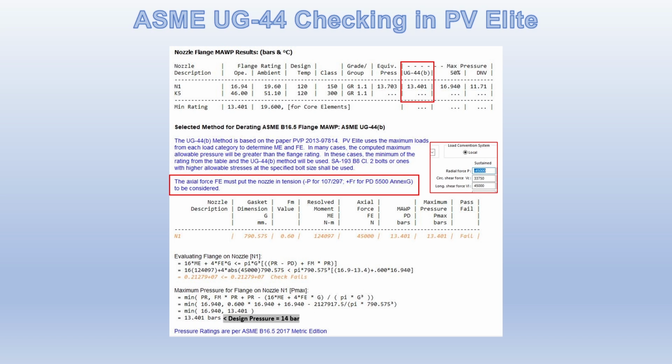The software will enter this negative value into the derating formula. If you wrongly add 45,000 instead of minus 45,000, this opposite direction axial value will be used in the formula. The result will not be accurate, and a wrong MAWP value will be obtained. This is one of the important points.